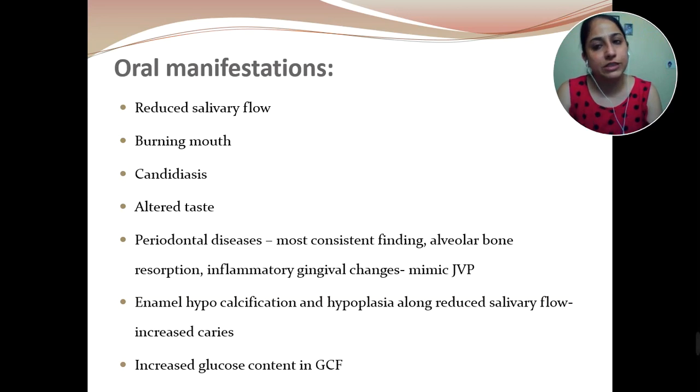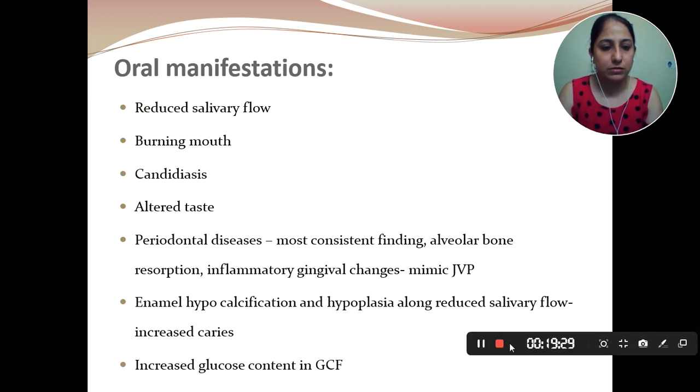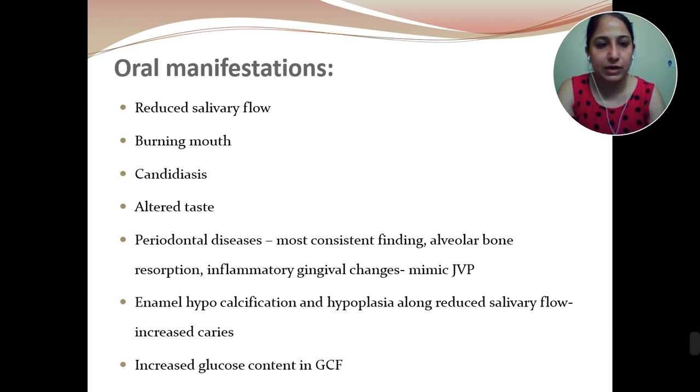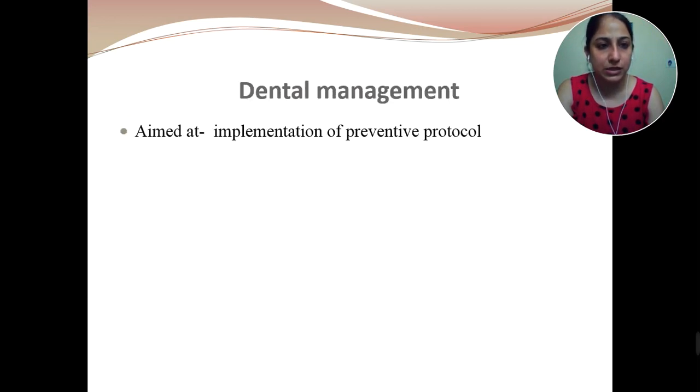The oral manifestations include reduced salivary flow, burning mouth, candidiasis, altered taste, periodontal diseases, which is the most consistent finding, alveolar bone resorption, inflammatory gingival changes, enamel hypocalcification and hypoplasia, along with reduced salivary flow and hence increased dental caries, increased glucose content in GCF.